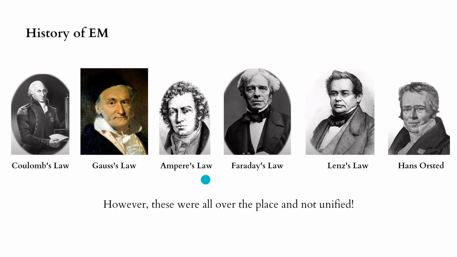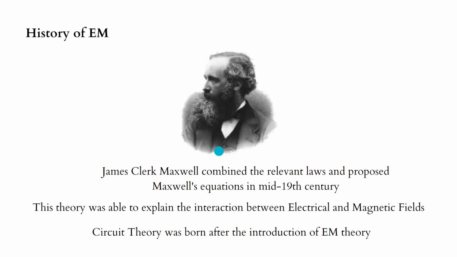So the problem that we were having at that time was that these laws were not unified. A scientist called James Clerk Maxwell was able to combine the principles of all the laws related to electric field and magnetic field and present a unified law regarding electromagnetic waves.